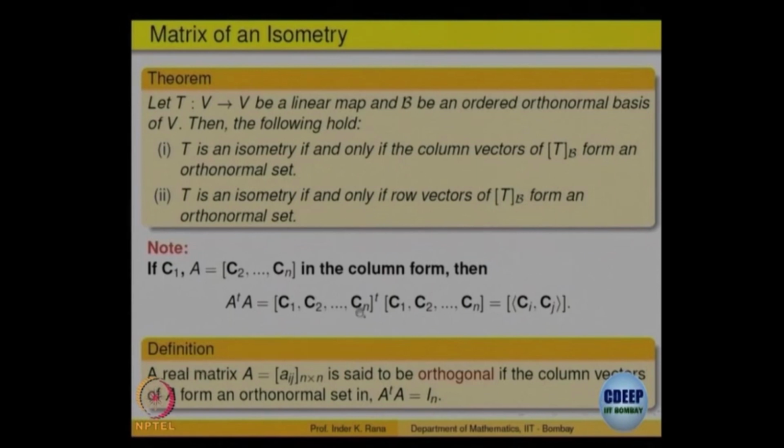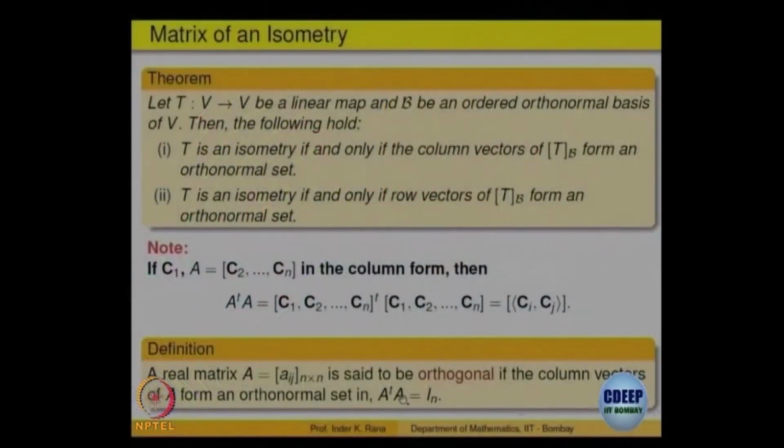Let us give a name to the matrices which have the property that A transpose A is identity. We say that a matrix is called orthogonal if the column vectors form an orthonormal set, which is the same as saying A transpose A is equal to identity. Square matrices which have this property we call orthogonal matrices.